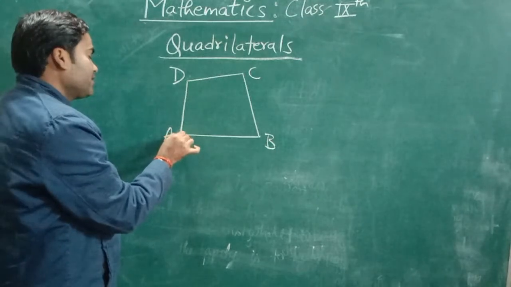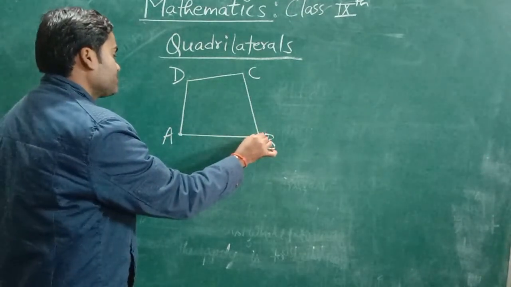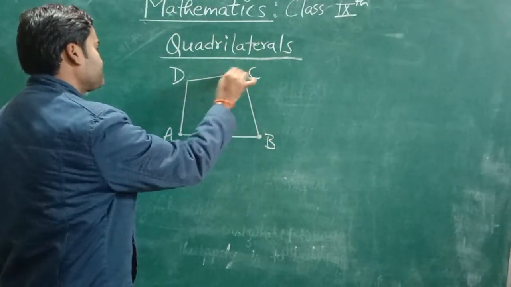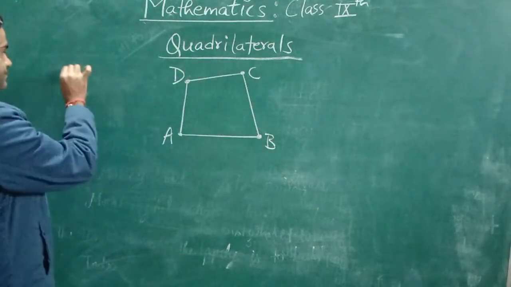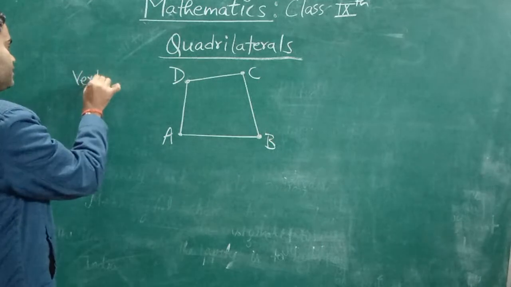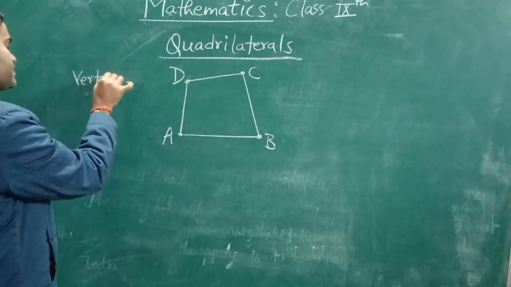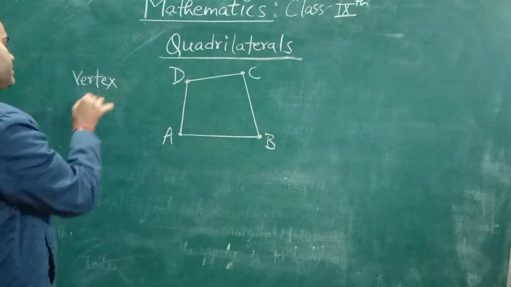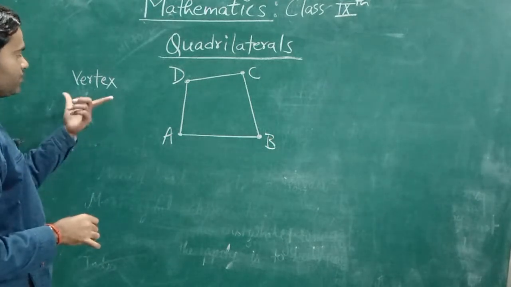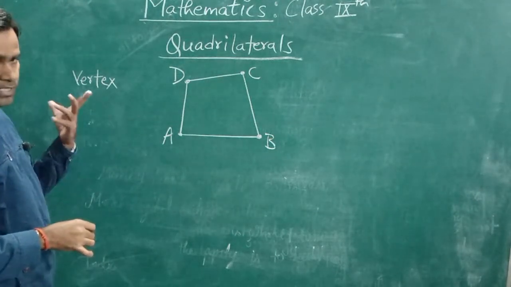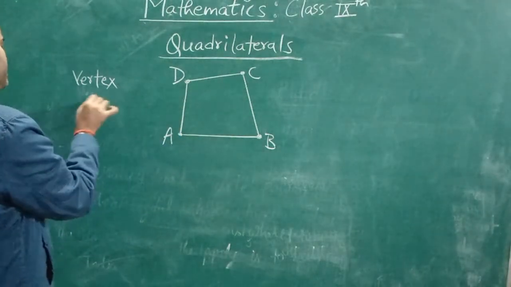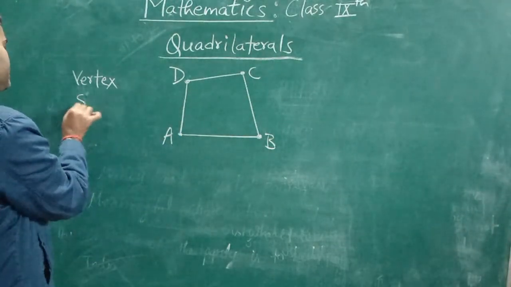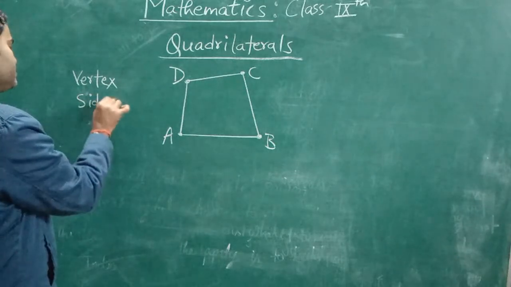In quadrilateral ABCD, A, B, C and D are called vertices. In singular, vertex, and in plural it is vertices. So A, B, C, D are called vertices of this quadrilateral, while AB, BC, CD and DA are called sides.